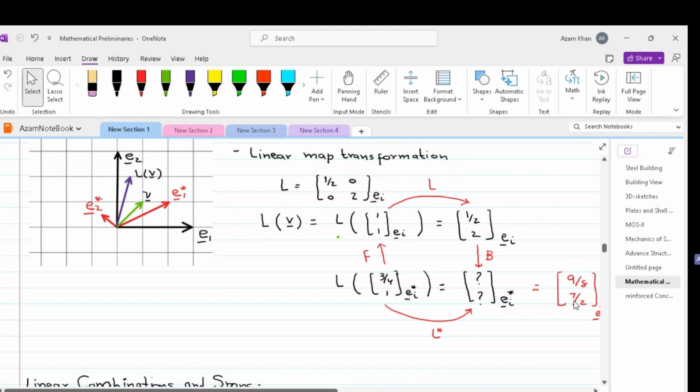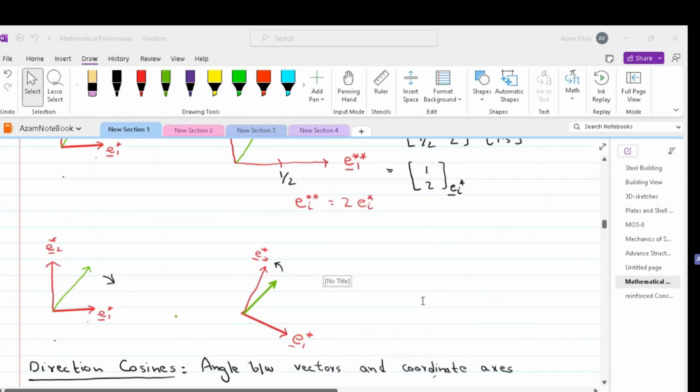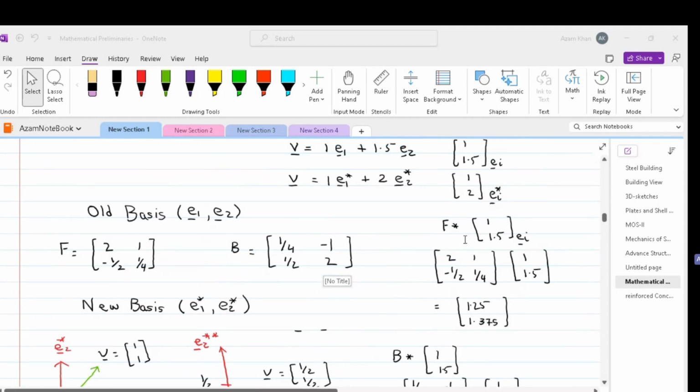That comes out to be 9 by 8 and 7 by 2. We can appreciate from this discussion that linear maps transform the input vectors. They don't transform the bases. And also, in order to find our linear map transformation in the new basis, we have to multiply it with the backward and the forward transforms. So we have to multiply it with two transformations, unlike previously when we were transforming a vector.